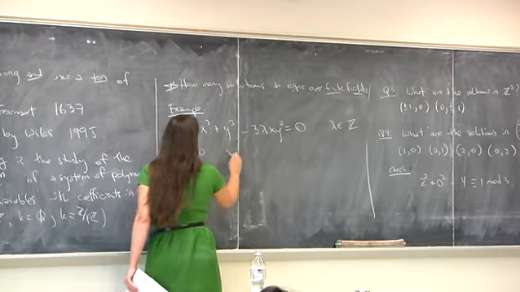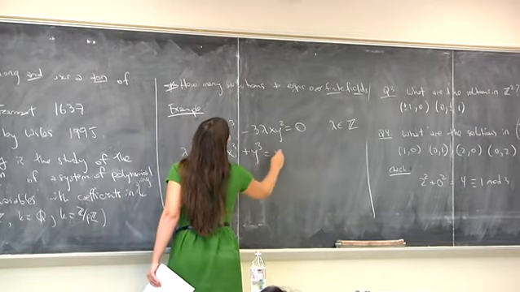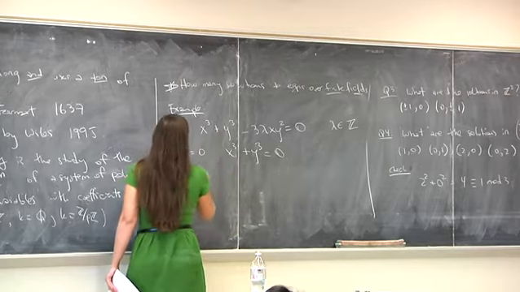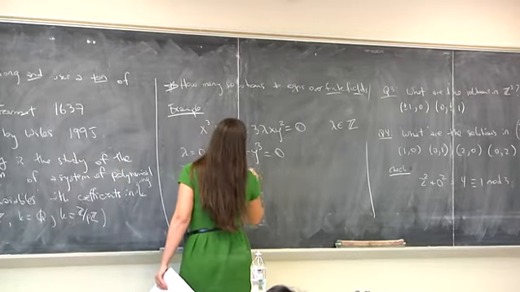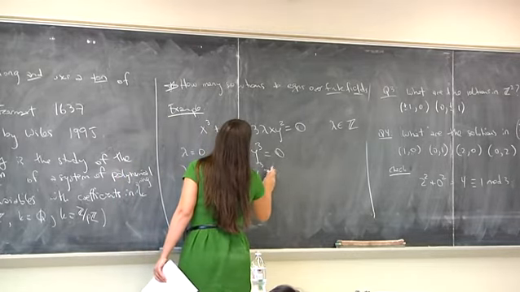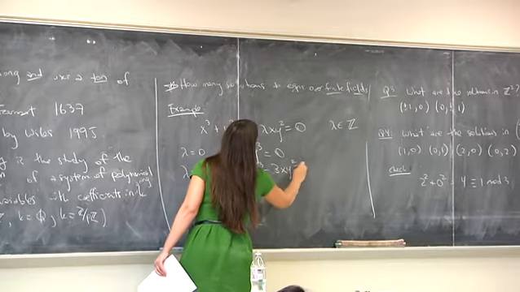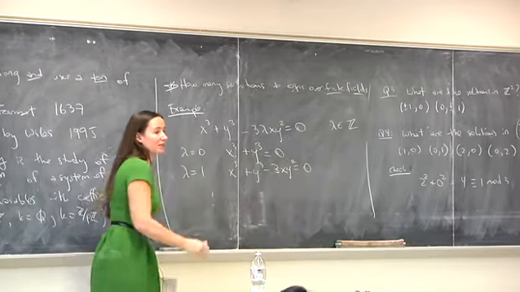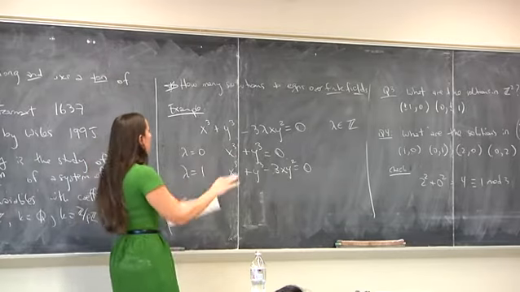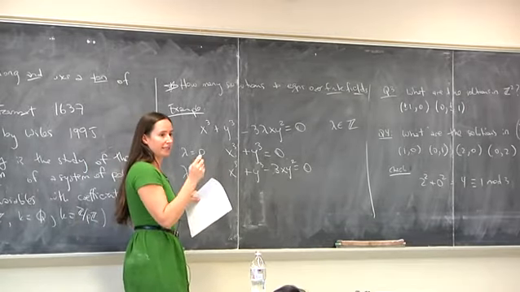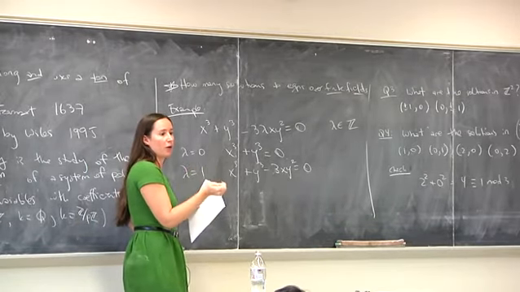I mean, this is unnecessary, but I'll do it. So if lambda is 0, I'm looking at this equation. If lambda is 1, that's the one that's not there, etc. But I'm looking at all of them simultaneously using that parameter as some unknown integer.